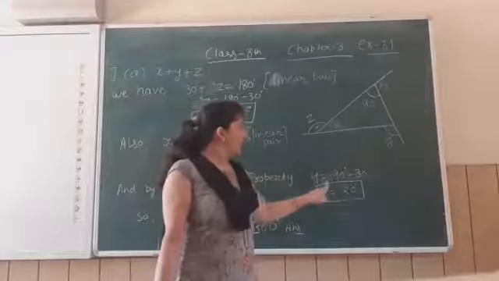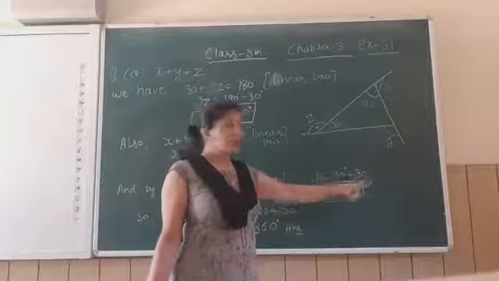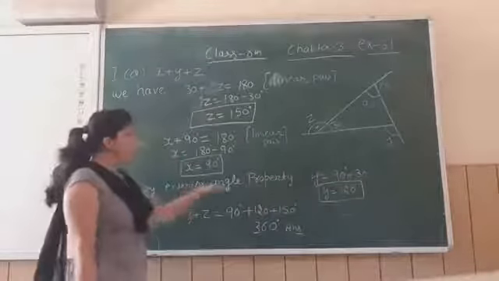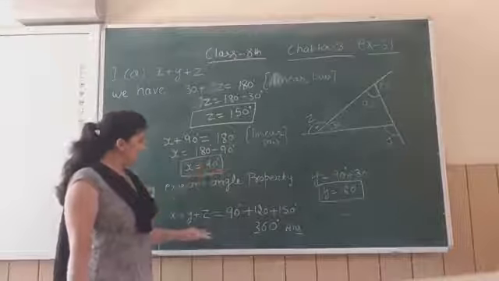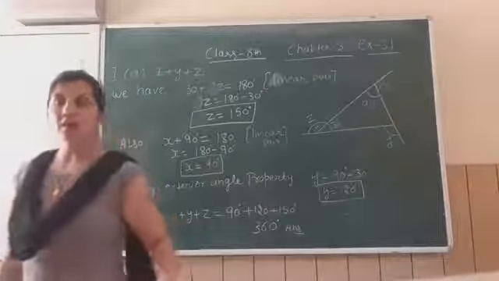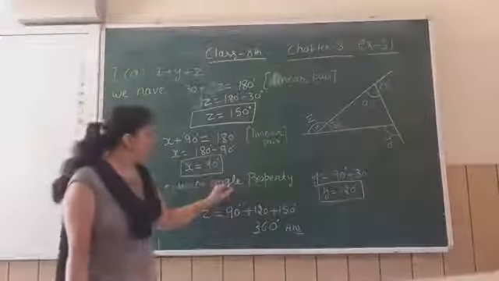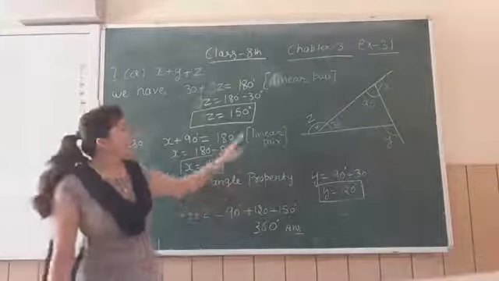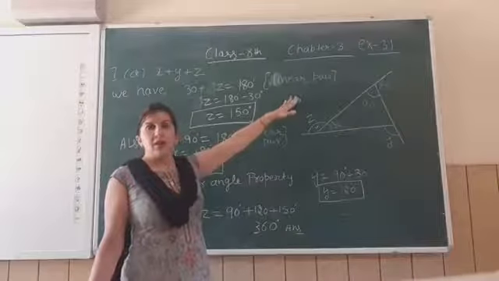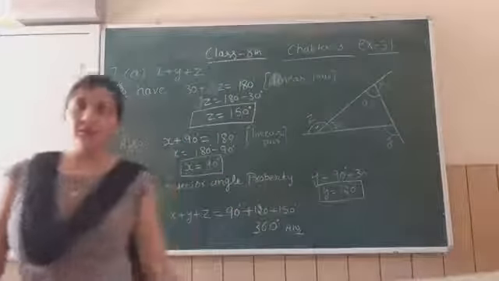So y will be 120. Now we have got the values of x, y and z. We add these, we get the answer 360 degree. Whichever property you use, you write its name, and for the linear pair, which type of angles these are, we write it here.